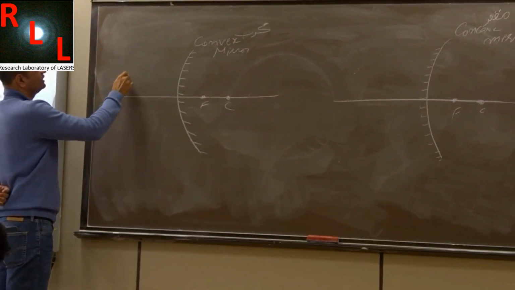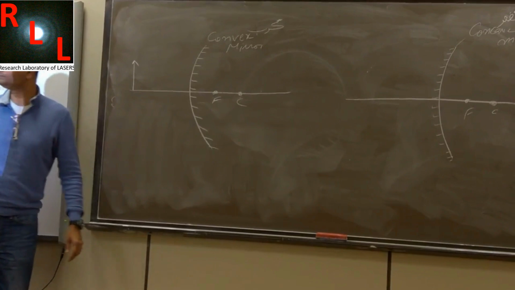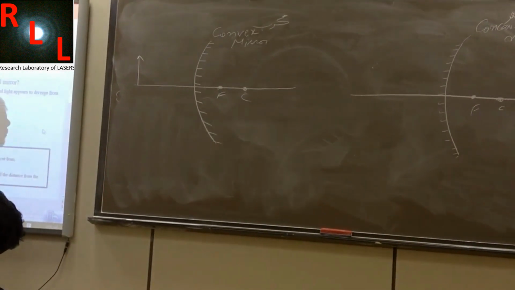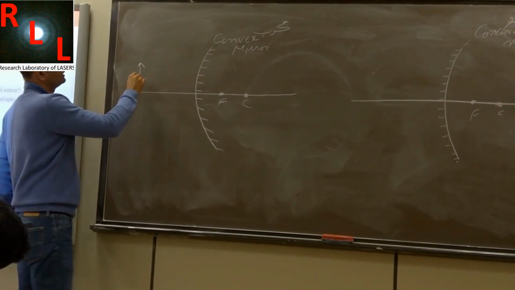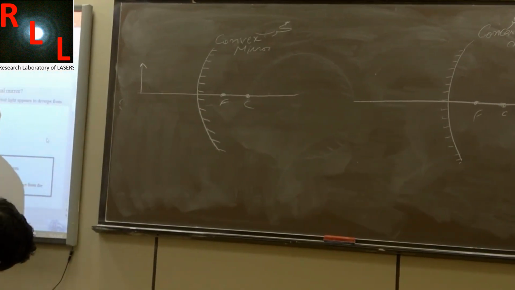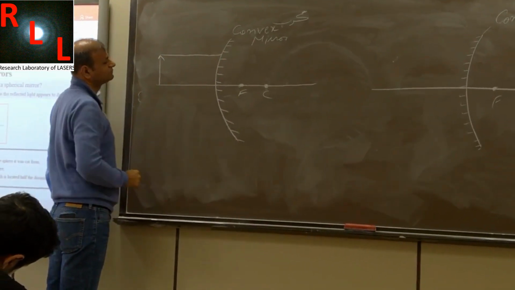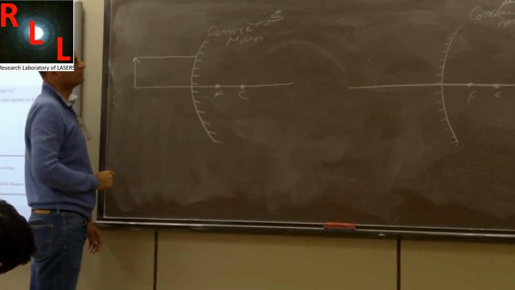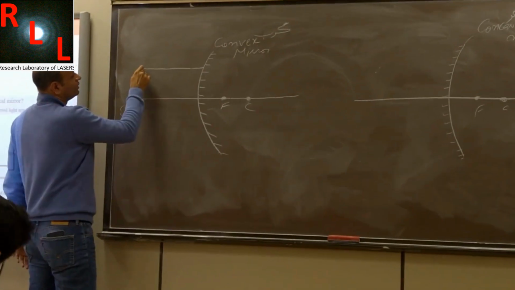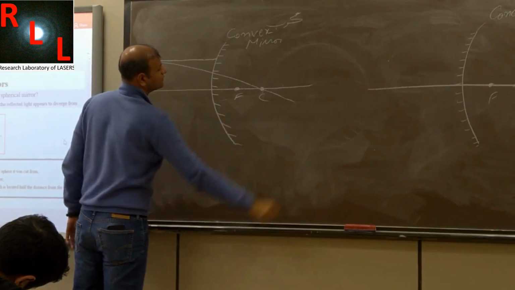If the object is here somewhere, in the case of a convex mirror, how do you draw the rays? One line parallel here. One line from the object goes directly to the center of curvature.